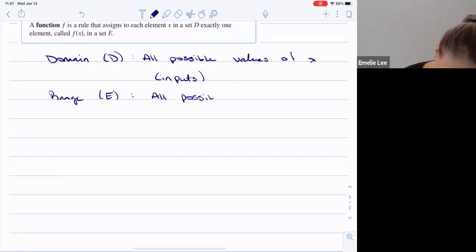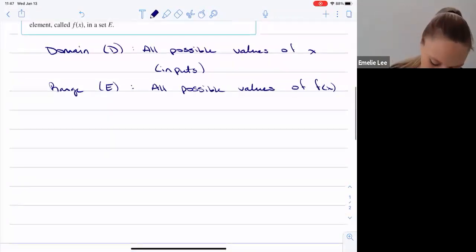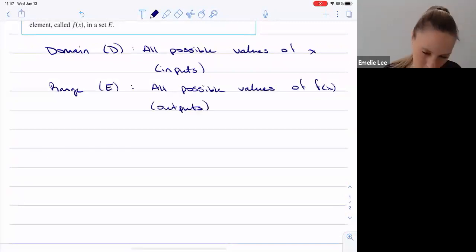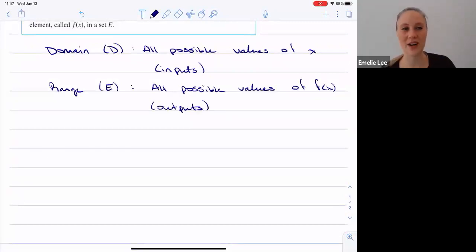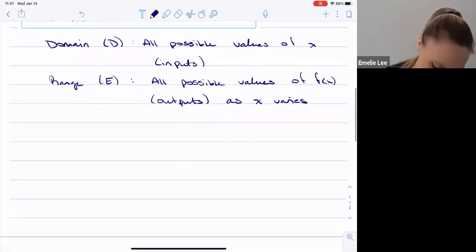So all possible values of f of x, which is the function evaluated at x, which are the outputs. But of course, it depends on the domain, so all the inputs, right? So as x varies throughout the domain.